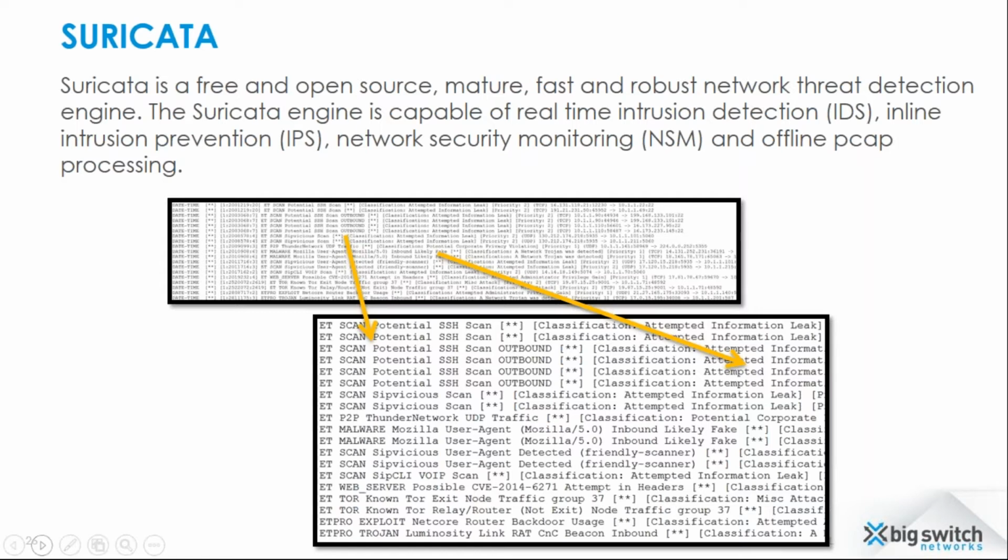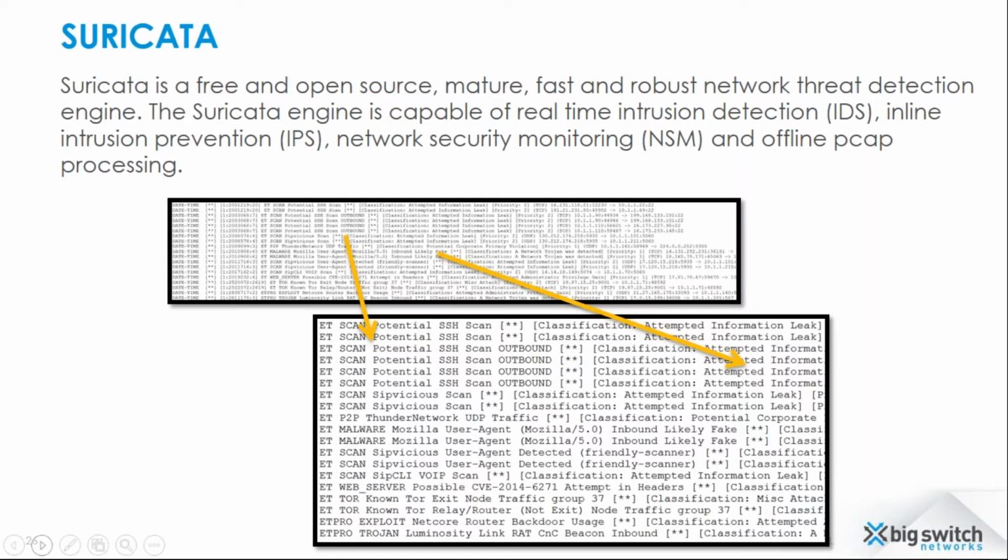We utilize Suricata, and as you can see, it comes up with logs like potential SSH scan outbound, malware Mozilla, scan web tools, Tor exit nodes, and Tor just passing through your network, not actually as an exit node. So it gives us a bunch of different capabilities to see into our traffic flows.